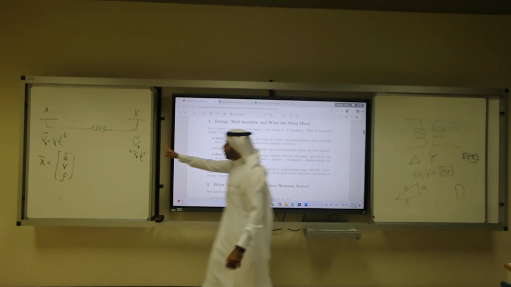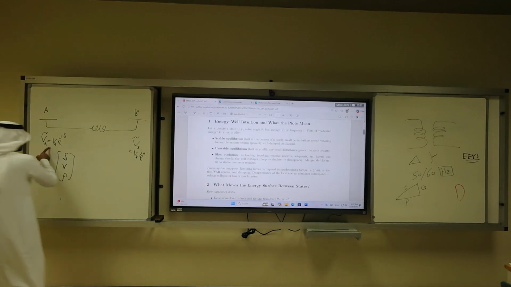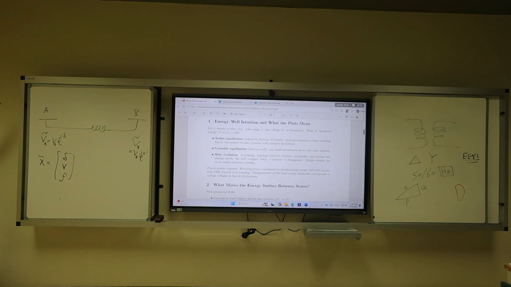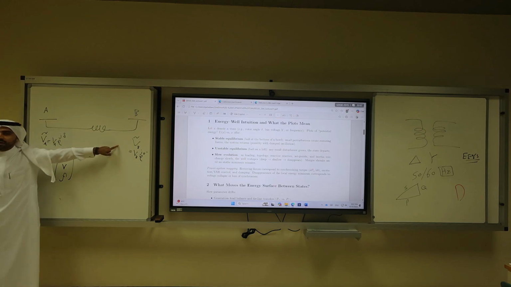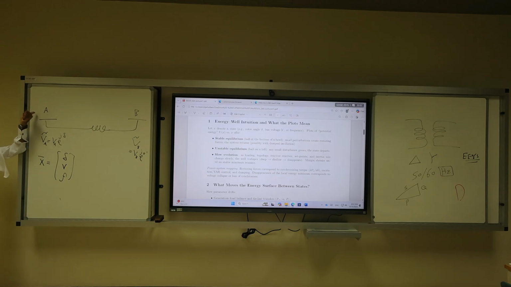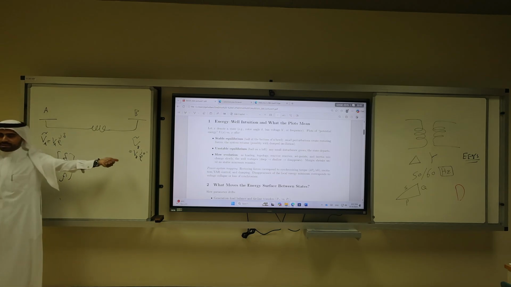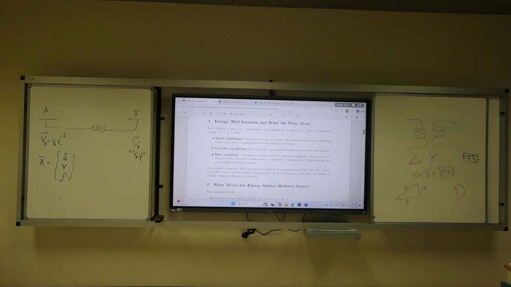Because each of these voltages comes from generators at the beginning that have a certain frequency. If that generator was spinning at 61 hertz, then this will impact the VA phasor and the VB phasor. If that generator is spinning at 0 hertz, it becomes DC, then this voltage will be DC, this voltage will be DC. Think about it this way.